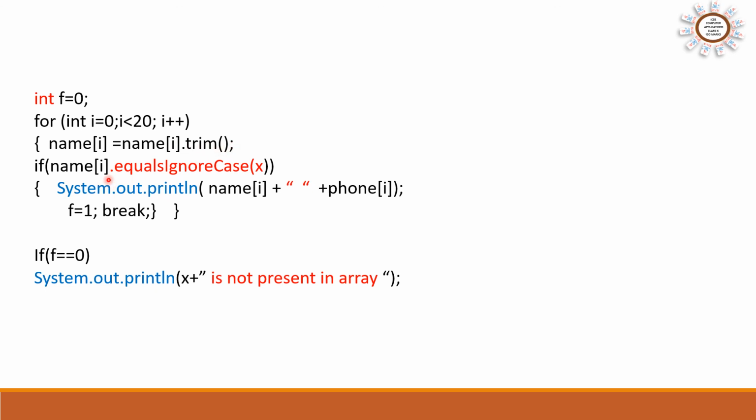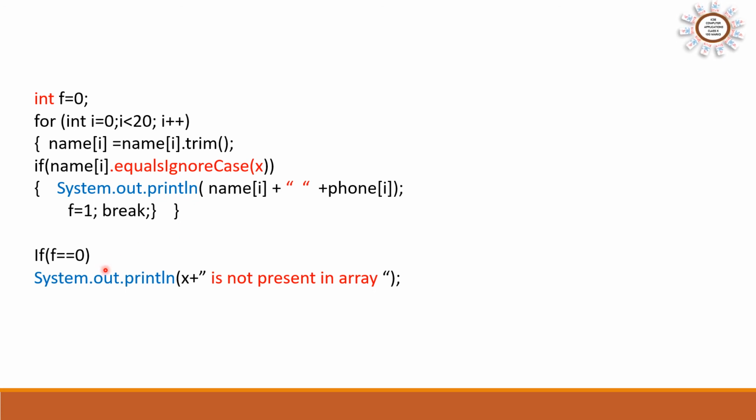And if name[i].equalsIgnoreCase(x), if both the names are the same, then System.out.println name[i] and phone[i], that means print the name and the phone number. And after that, we change f = 1. We got the name, so f will become 1. Now there is no need of searching further, so break the loop. So here we are breaking it, and then close the for loop also.